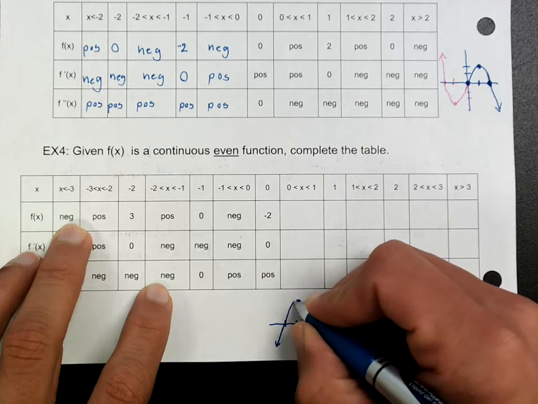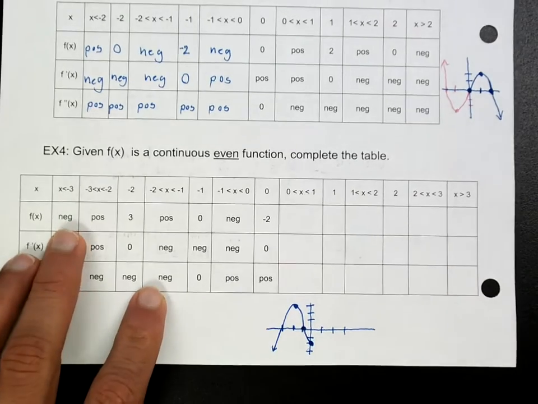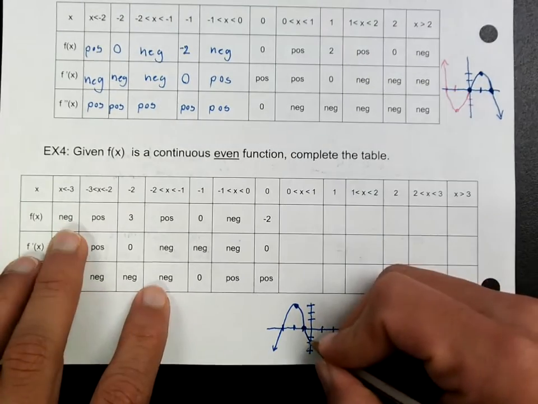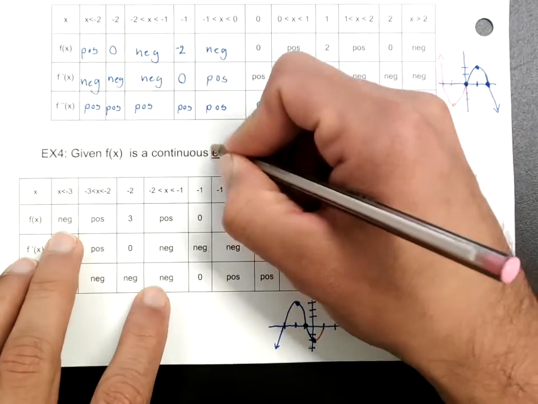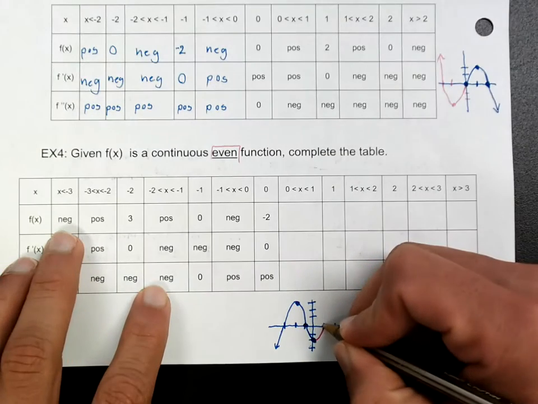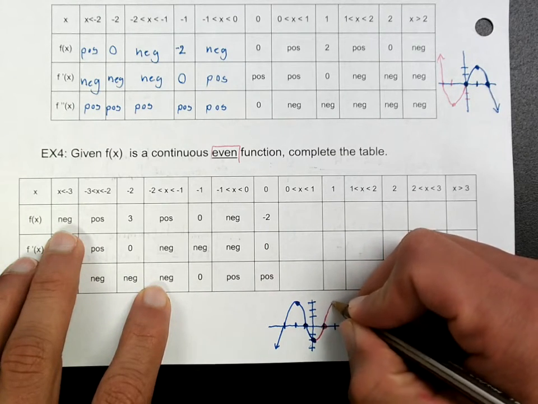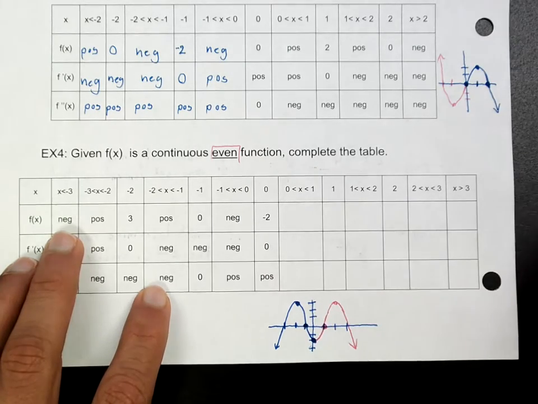Now if you know that, since this is going to be an even function, it's going to be symmetric around the y axis. So this is basically going to be the same here, right? This is going to be a mirror image.